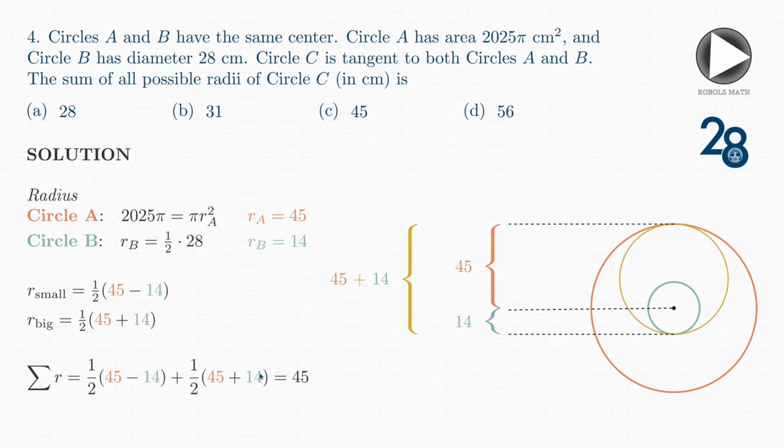And that advice applies in most cases. Generally, I suggest that if you have expressions like this, don't simplify them outright. Look further ahead and see if there's something about it that would make the computation easier in the end. Anyway, the sum of all radii here is 45. And that's our final answer.